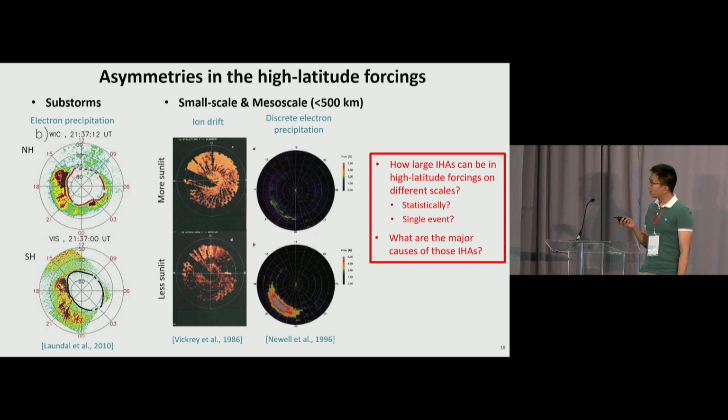We have one talk focusing on the interhemispheric asymmetries in the small and mesoscale forcings. However, more effort is still needed to understand the interhemispheric asymmetries in high latitude forcings on different scales, as well as their causes.